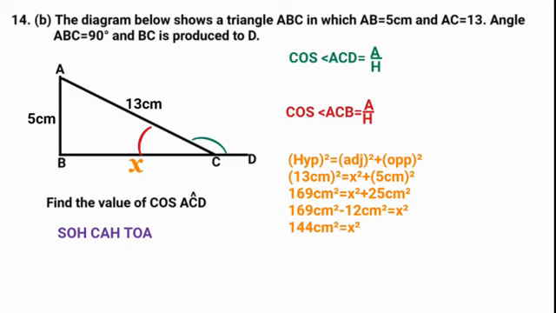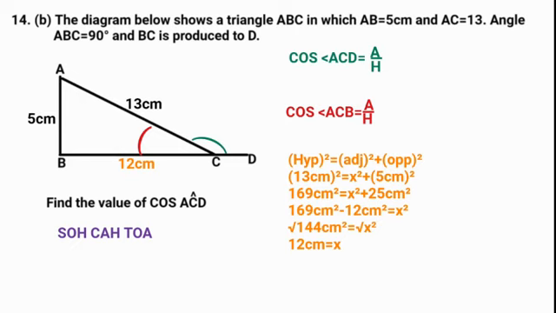The square root of 144 is 12, and the square root of X squared is X. So the value of X is 12 centimeters. Now that we have the value of X, we are going to find the cosine of angle ACB.